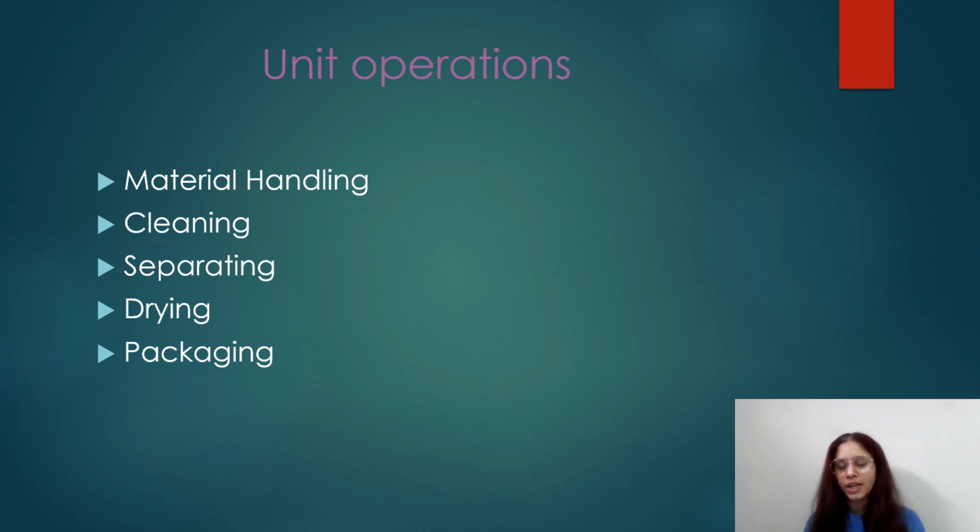Next is drying. Drying usually involves the loss of moisture from the food products. Usually water activity is maintained at the required level, and if there is more or less water, it may affect the growth of microorganisms in the food product.